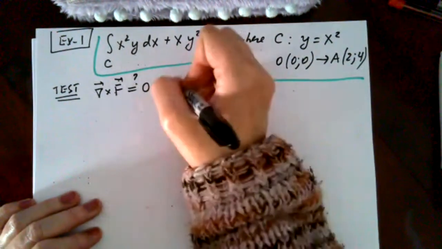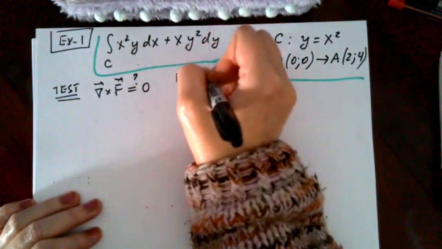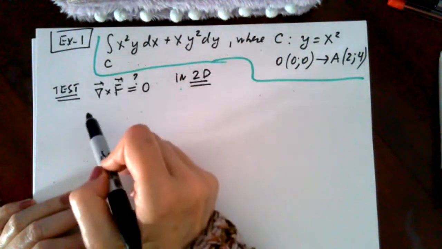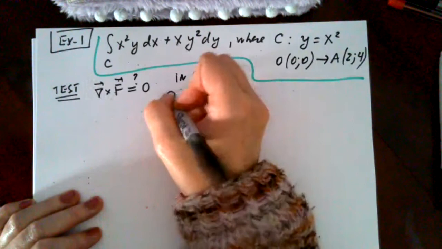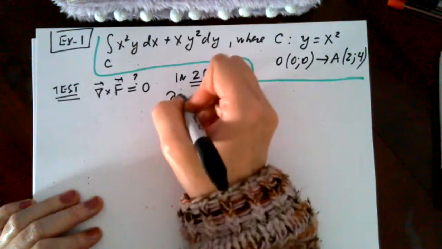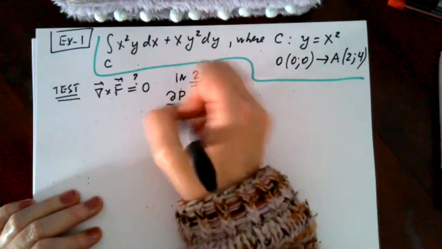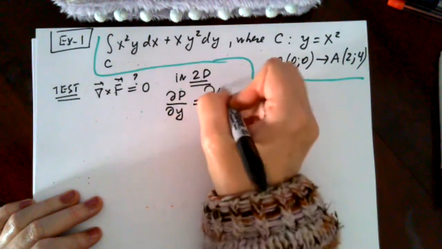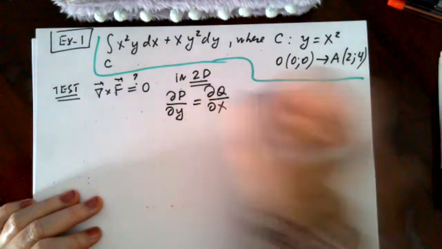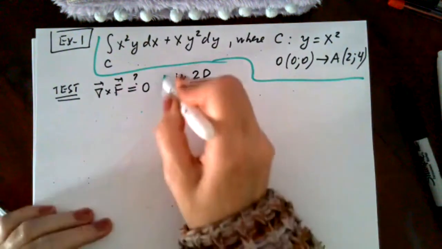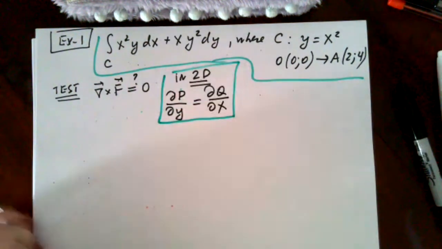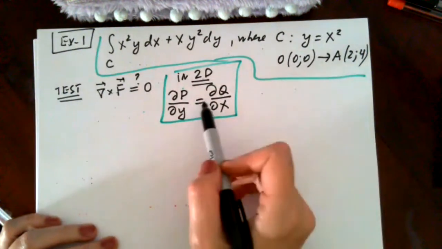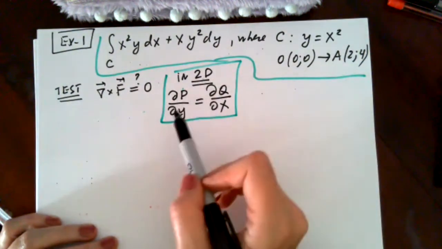But in the 2D case, instead of checking the whole curl, you can check this small equation: dP over dy should be equal to dQ over dx. If you remember this technique, it will be very helpful to you. If this equation is true, it means that your field is irrotational.